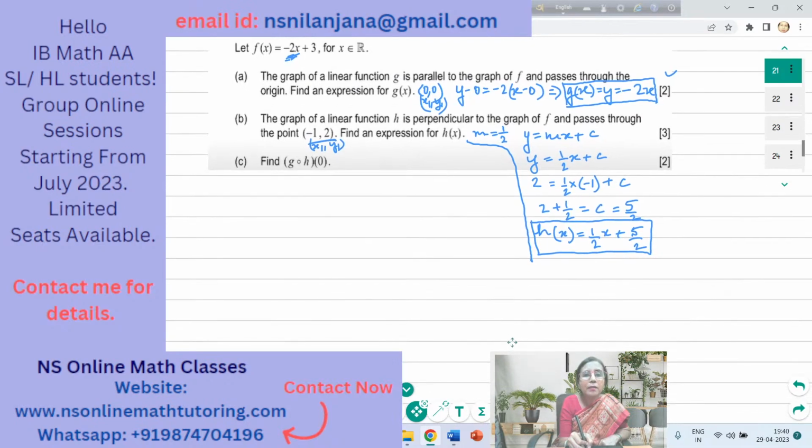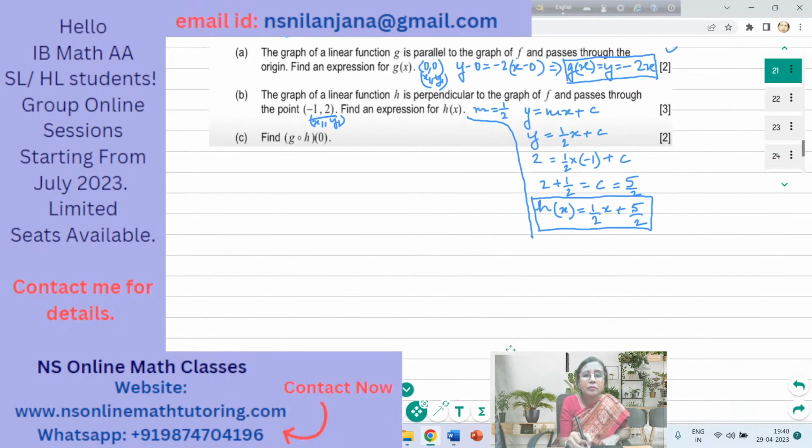Coming to subpart C. G of h of 0. So let us first of all find, we always start from the innermost function. When we have composite functions, always start from the innermost. It depends actually.